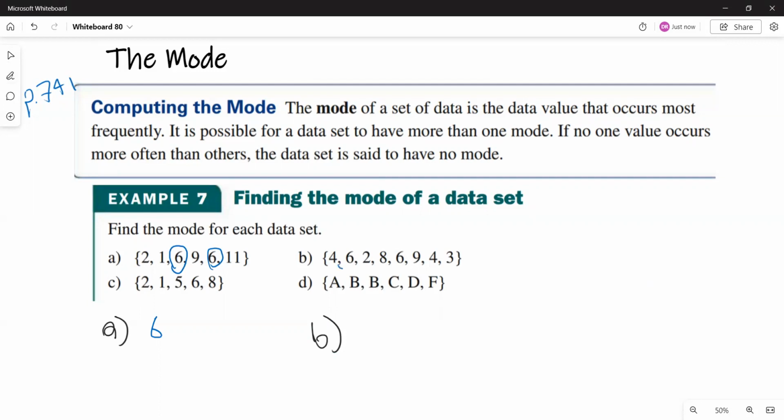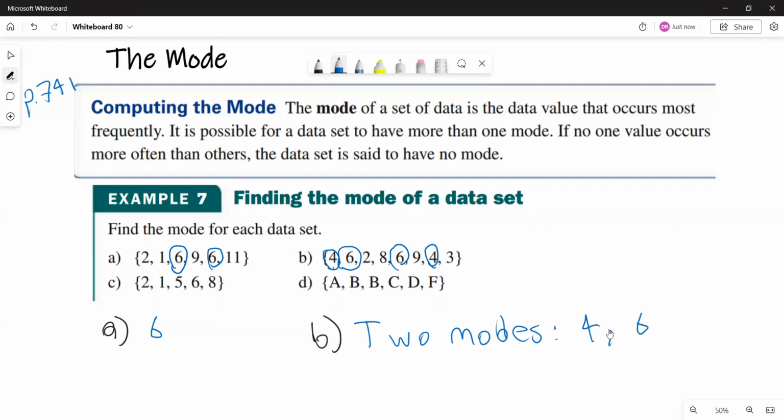We have 6 and 4, which repeat. So there are two modes, 4 and 6.